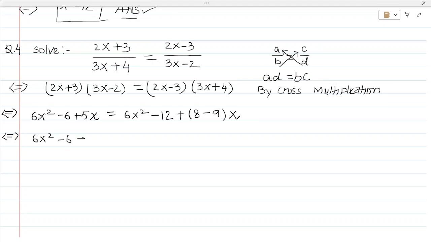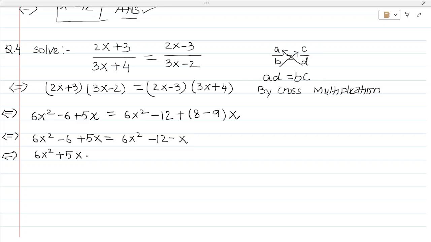So this side also in the same way. This side we get 6x square minus 12 minus of x. Now transposing all the x's on the left hand side. Here it is 6x square plus 5x, already on the left hand side.